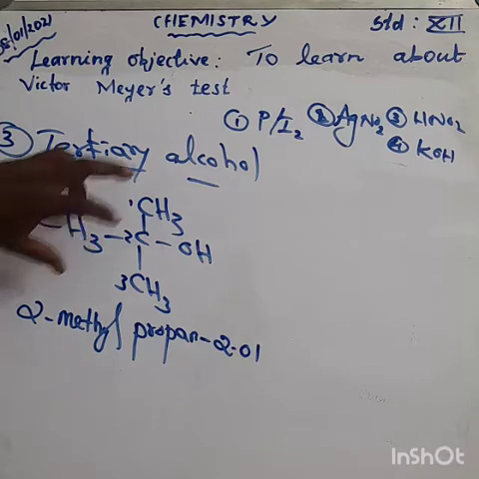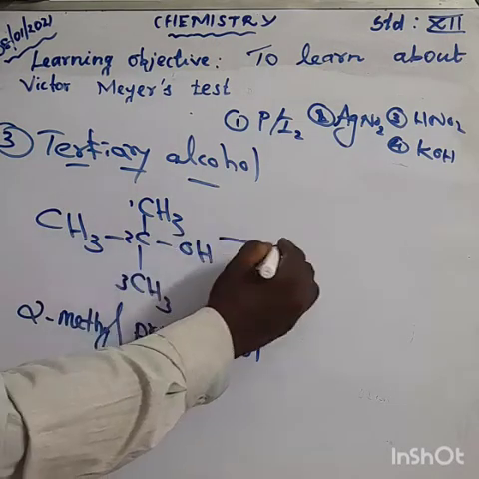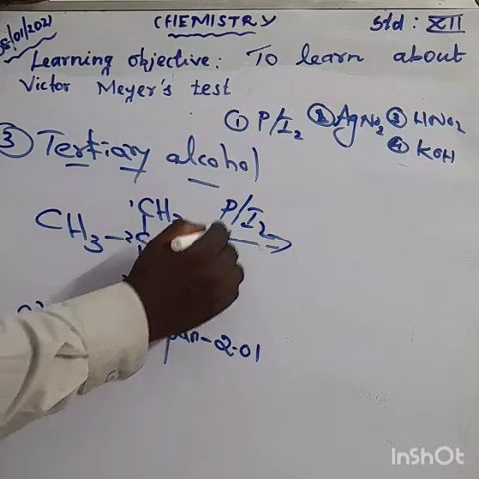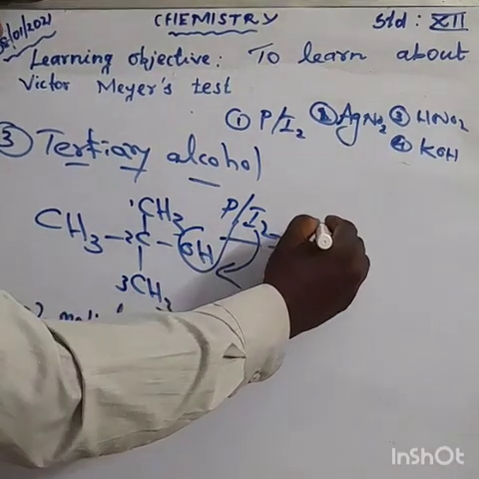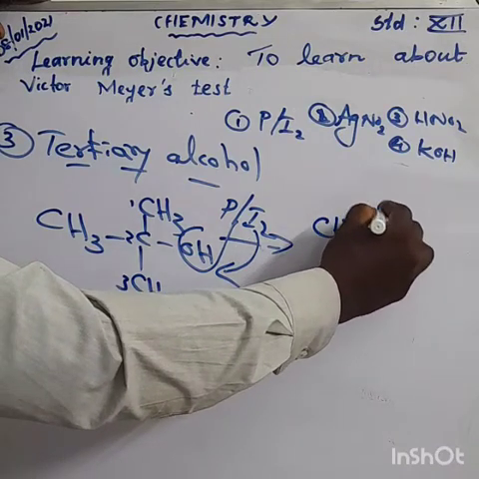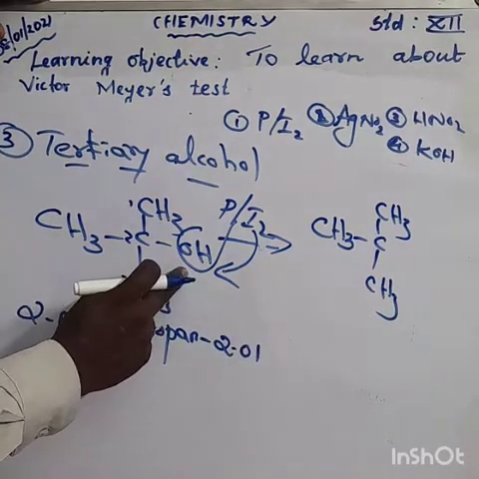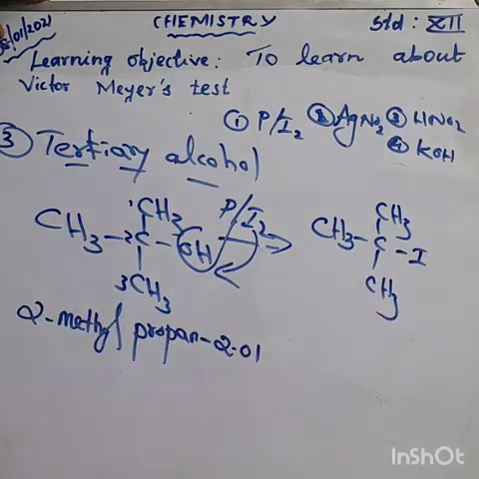This one reacts with phosphorus and iodine, P and I2. Here OH is replaced by adding I. So what is the product here? (CH3)3C, with the OH replaced by iodine.